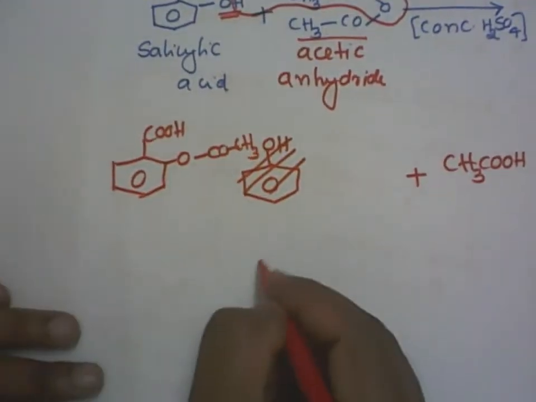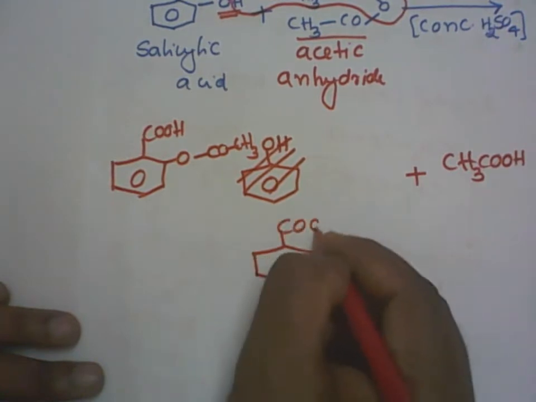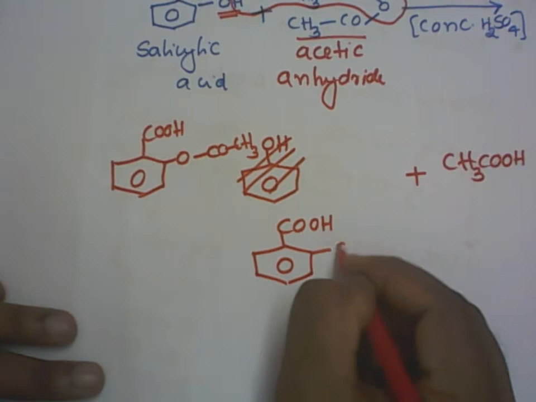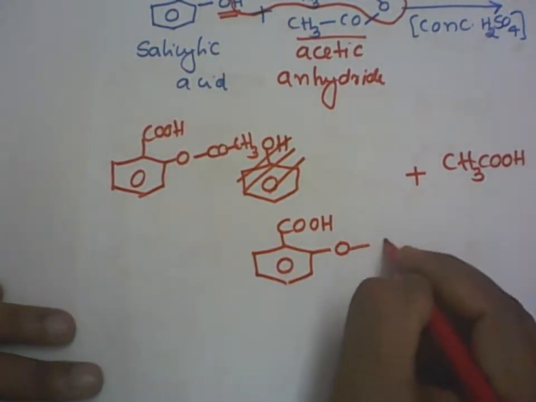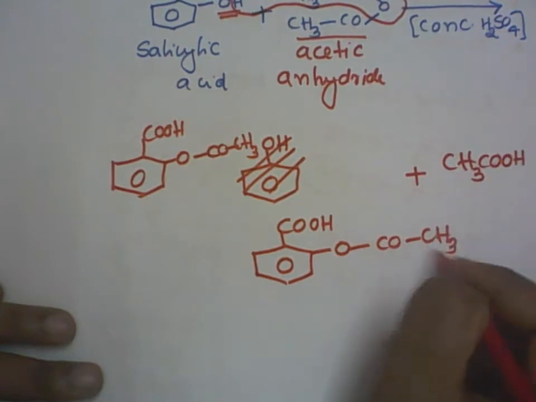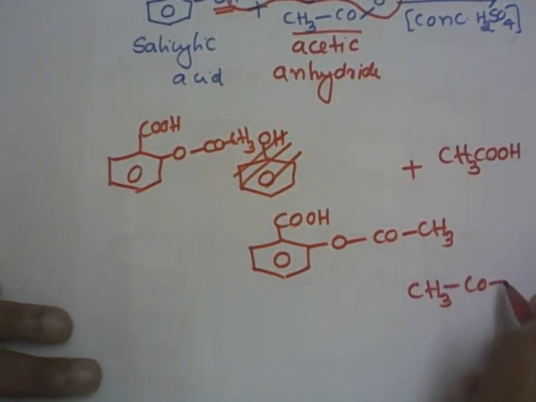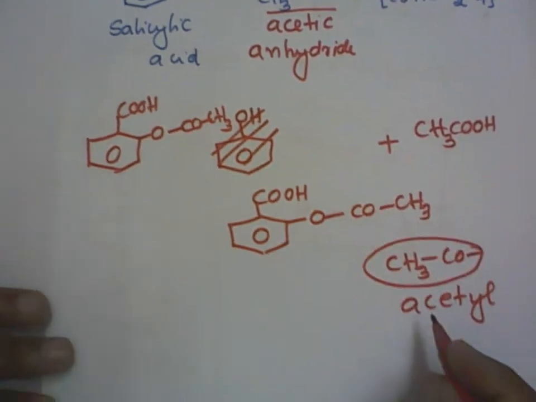So I'll write the molecule again. We have a benzene ring attached to COOH. Then the H is lost, and we get the COCH3 group. Remember, the CH3CO group is known as the acetyl group.